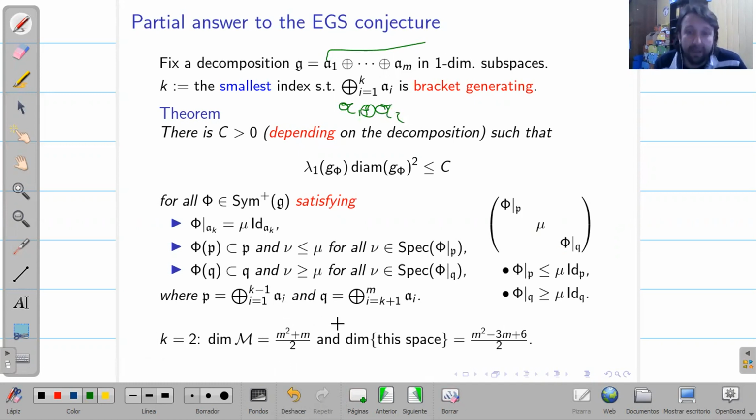And I want to compare the dimension of this subset with the dimension of the space of all left-invariant matrices. And the dimension is this, right? Now it is not the same, of course, because it's a proper subset, but it's not so far. I mean, the order is m squared over 2, the same as the row here, right?